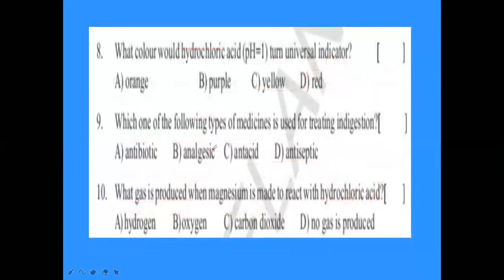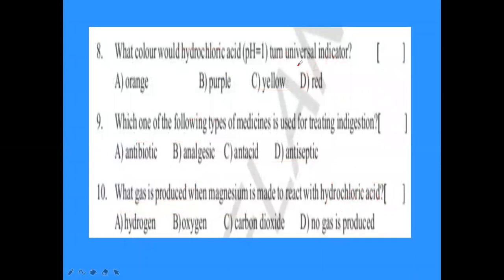Next, what color would hydrochloric acid turn in universal indicator? The pH value of hydrochloric acid is 1. Is 1 an odd or even number? Odd number. I told you to write odd numbers of the pH scale from 0 to 13.